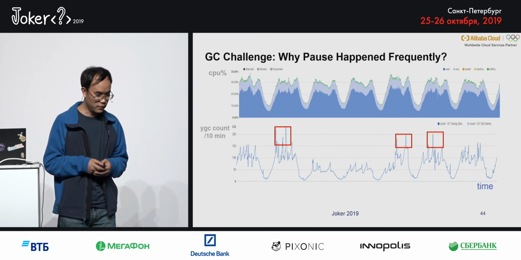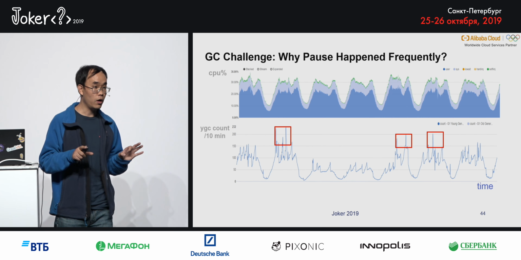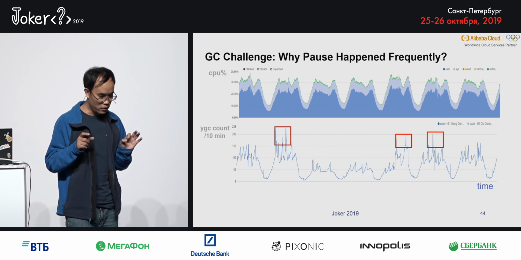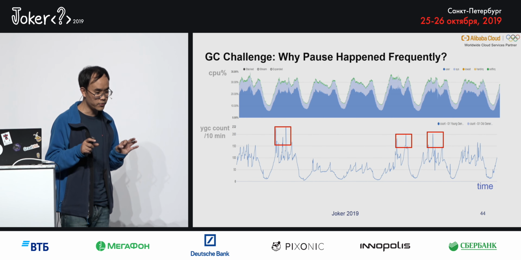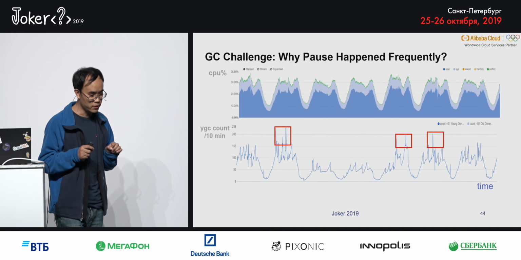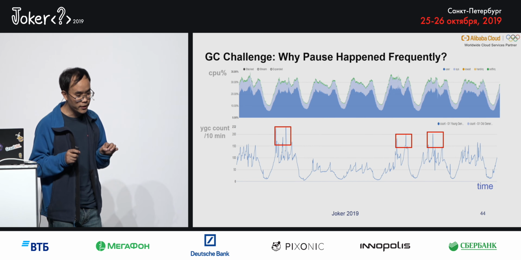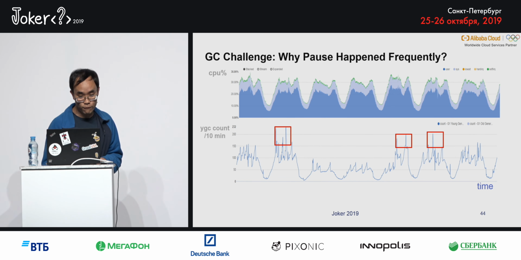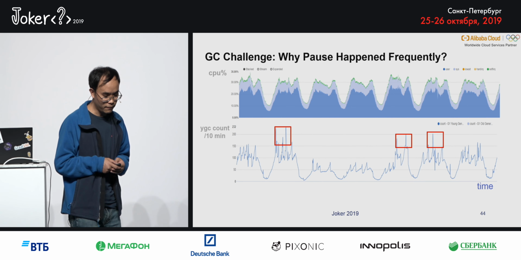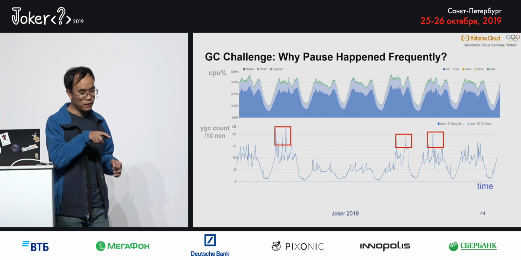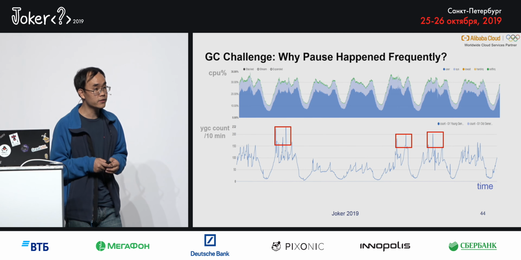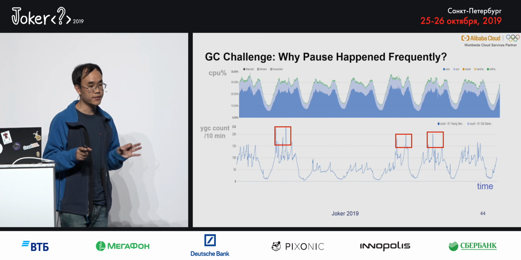Okay, let's look at this picture. This is our real case, which I gathered from our production. The top picture is for CPU consumption. The bottom picture is for young GC count. Both of them are from the same application, and you can see along the time in the x-axis, CPU consumption is almost stable, right?